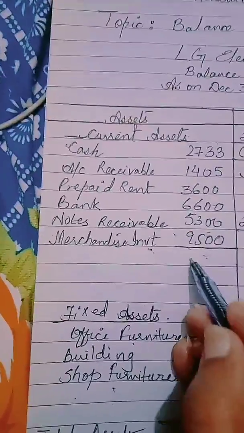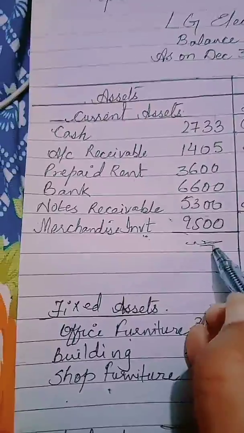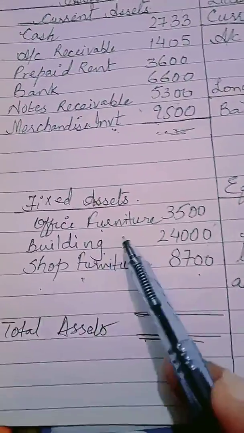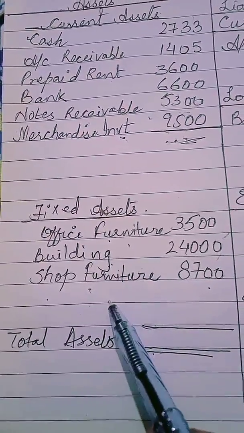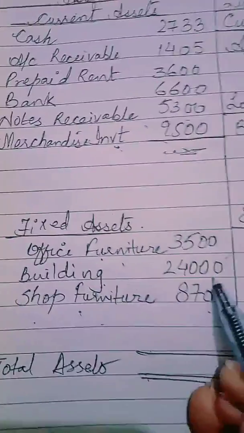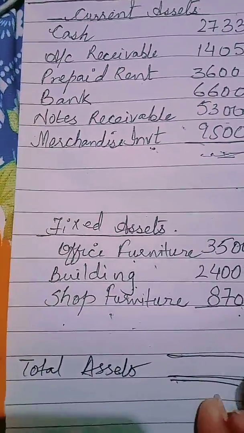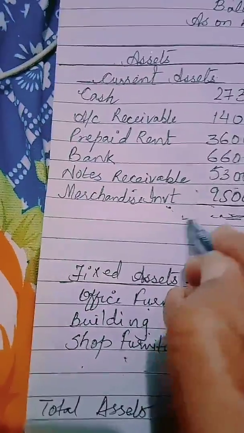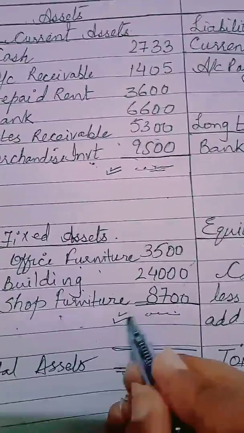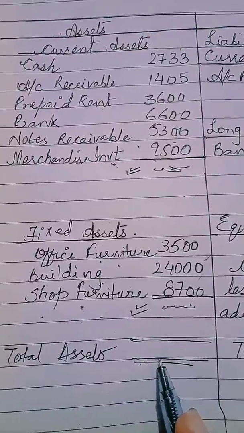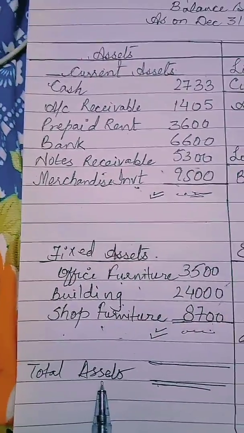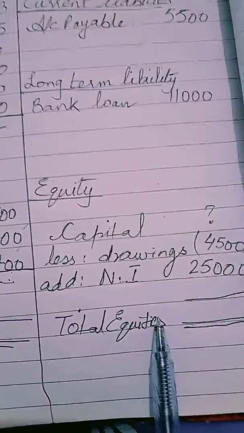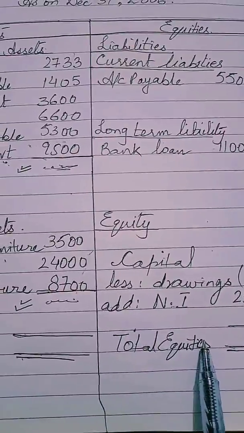Now I have to total the amount and write it down over here. Then fixed assets: office furniture, building, and shop furniture. I will add all these three and then put one line and write it down over here. Now the summation of this and this will be your total assets. And remember, your total assets is equal to your total equities. Is this clear? I proceed further.